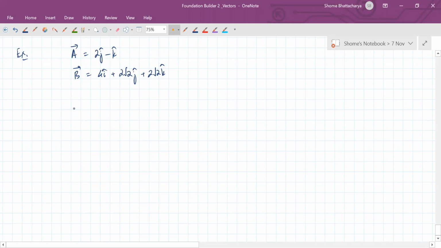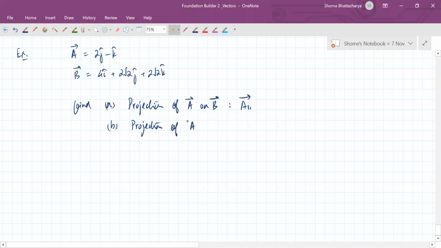Okay. Now we want to find the projection of A on B, that is this. Okay. And the projection of A perpendicular to B. Okay.